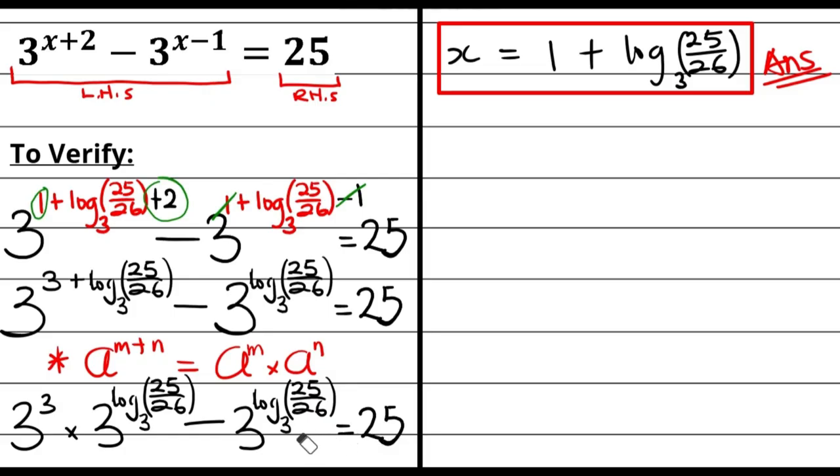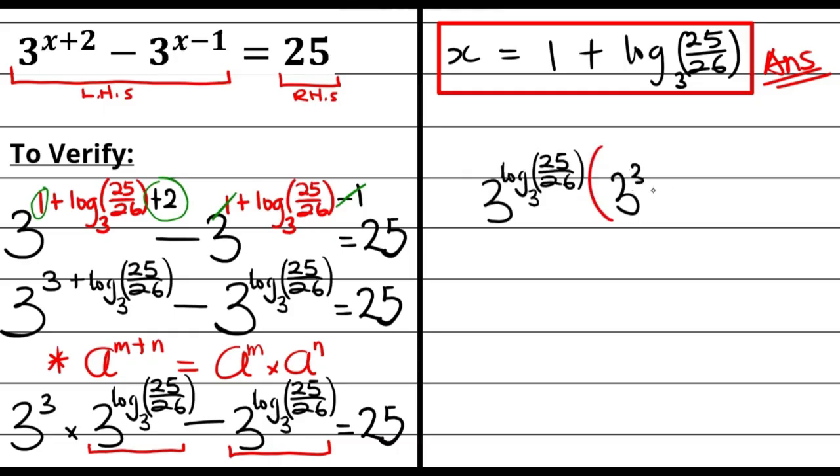So from this point we can factorize out this 3 raised to the power of log because it's common on both sides of the minus. If we do, we're going to have 3 raised to the power of log 25 over 26 base 3 times, in brackets, 3 raised to the power of 3 minus 1, bracket close, still checking if this is going to equal 25.